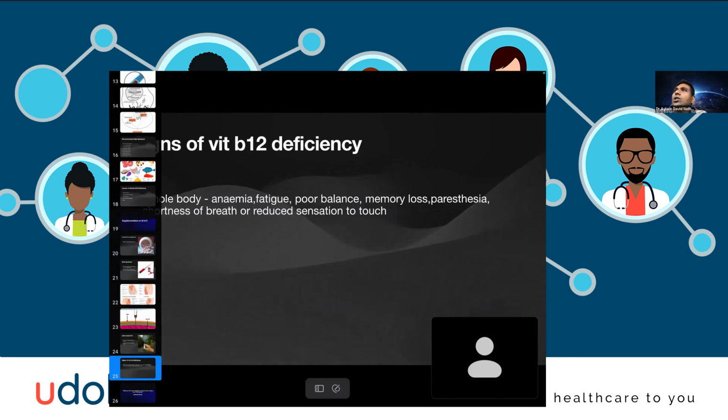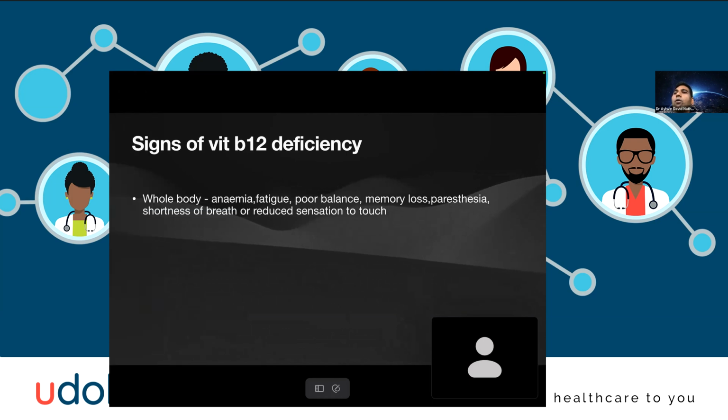It's a very unconscious thing, but we take our body for granted. When we have vitamin B12 deficiency and a lack of myelin sheath formation, the nerve conduction will not be good at all. Those individuals will have altered sensations, and poor balance will result from that lack of vitamin B12.